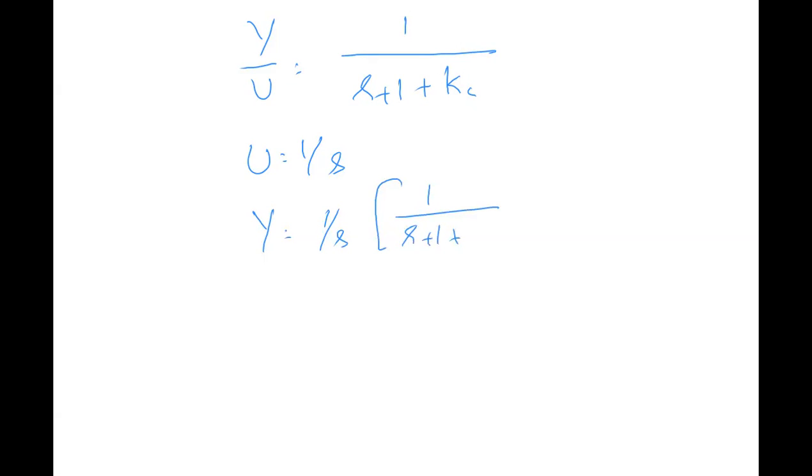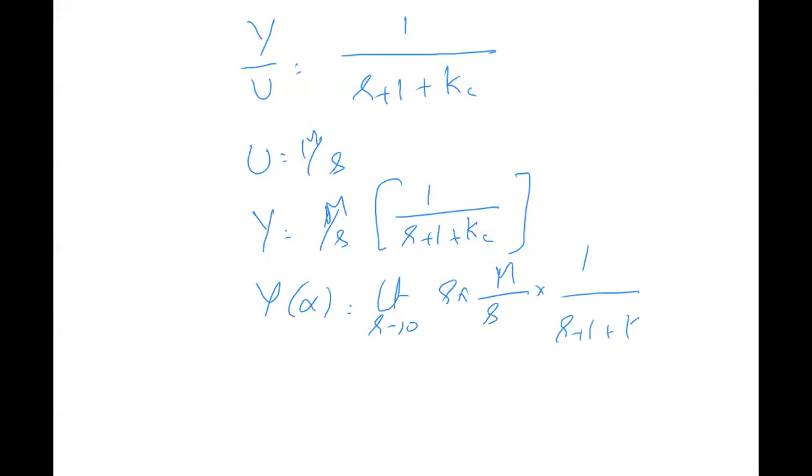So Y by U is 1 by s plus 1 plus Kc. What is U equal to? M by s. What is Y equal to? M by s times that. What is Y of infinity? Limit s tends to 0, s into M by s, into 1 by s plus 1 plus Kc.